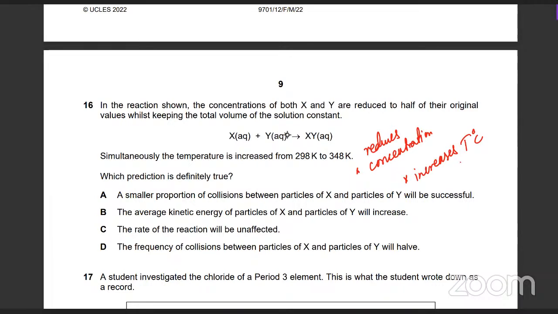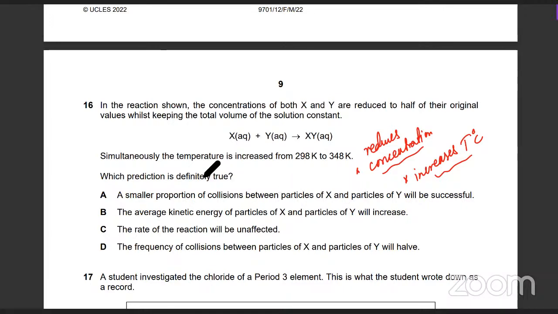One of them suggests... Did it just cancel out, sir? They would cancel out because this one states that decreasing concentration reduces reaction speed. The other one increases reaction speed. So not really sure what's going to happen in this.